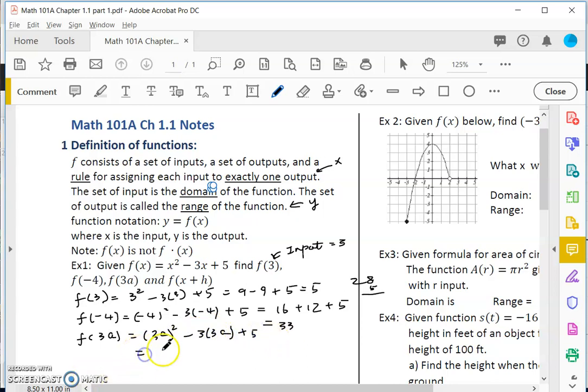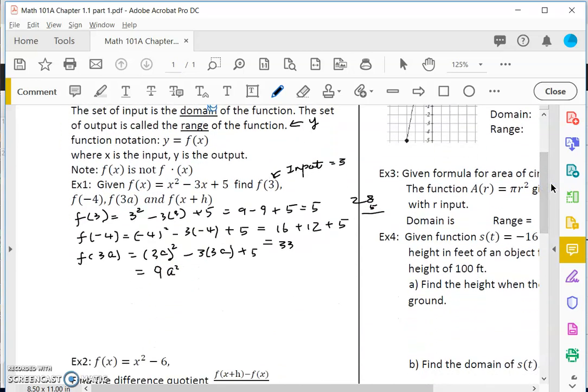This would become 9a squared, because the 3 also needs to be squared, and then minus 9a plus 5. In this case, I cannot combine 9a squared and 9a because they are not like terms. So this is the answer.